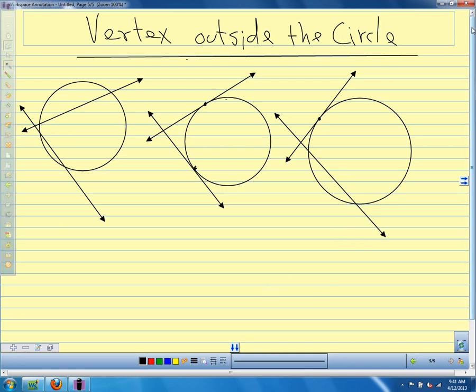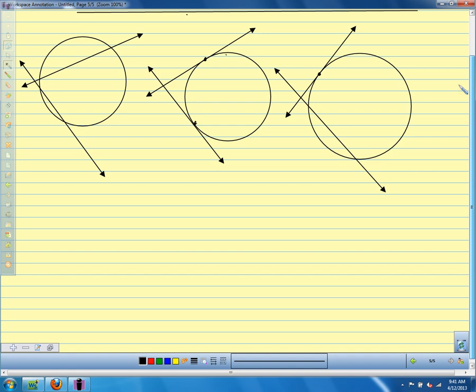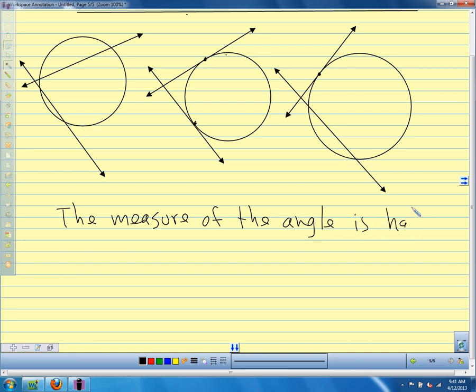So our rule is kind of like the last rule. The measure of our angle here is half the difference of the intercepted arcs.